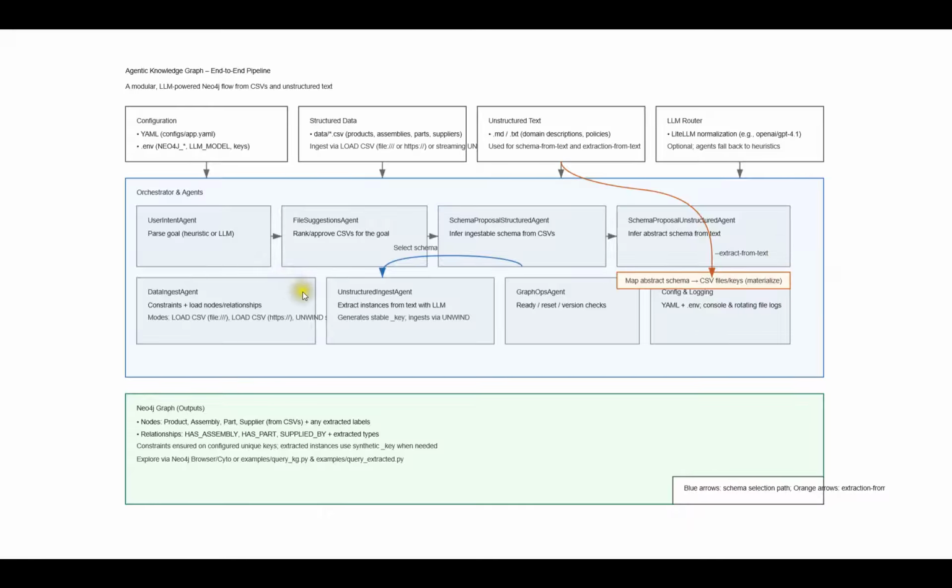The second way that we will use to create our knowledge graph is using an agent which essentially infers or creates the schema by looking at the schema of the different CSV files that we have in a folder. We will pass this information, the attributes and headers of these CSV files, which we load with pandas.